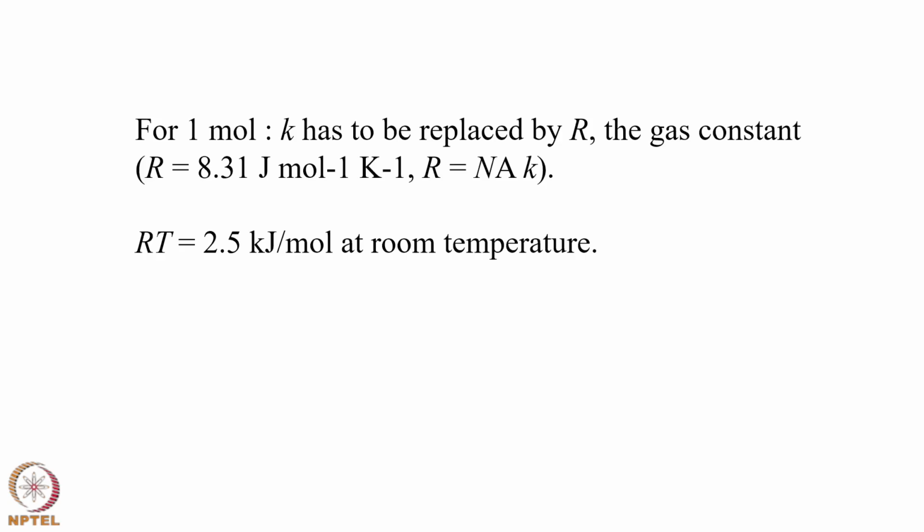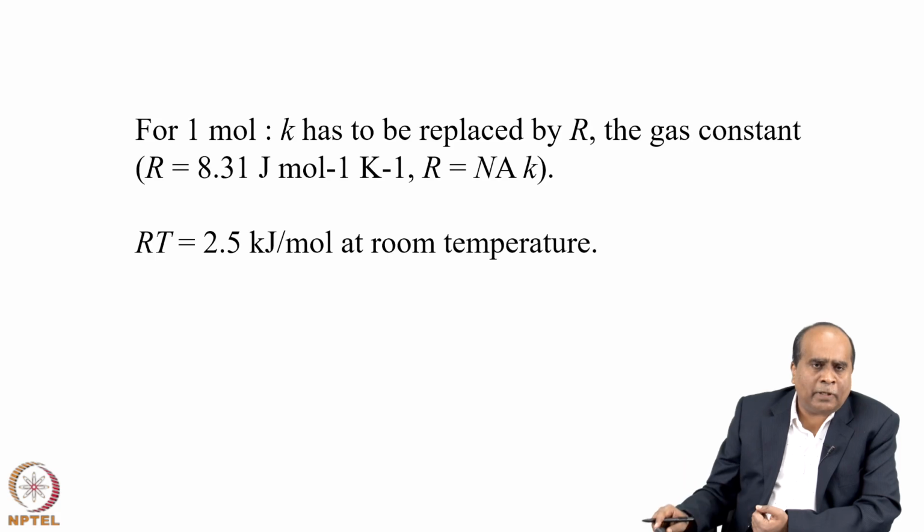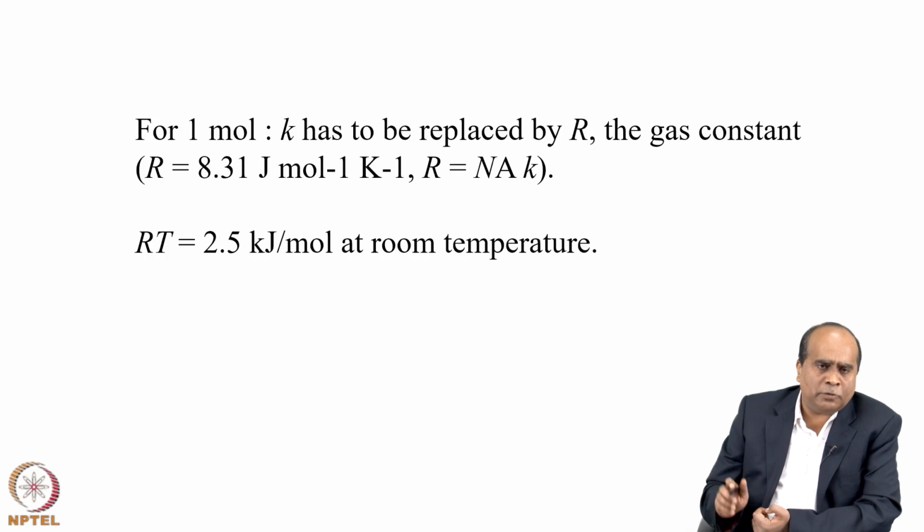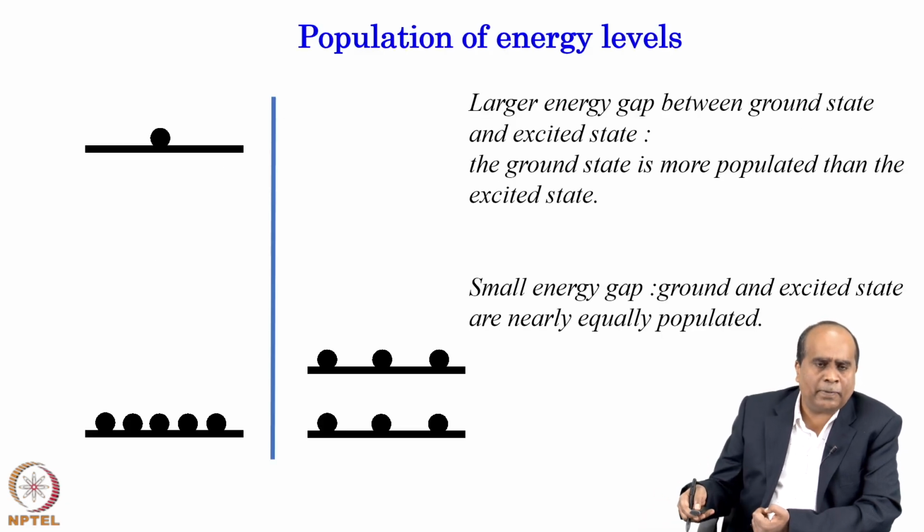If you take a realistic example to understand the consequence, for 1 mole, k can be replaced by R, the gas constant. RT at room temperature is 2.5 kilojoule per mole, right.